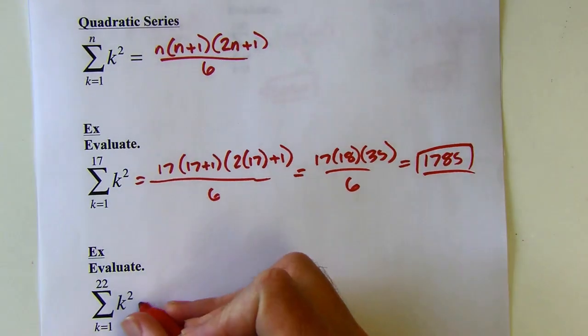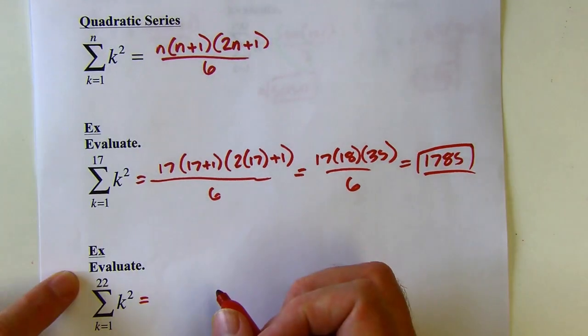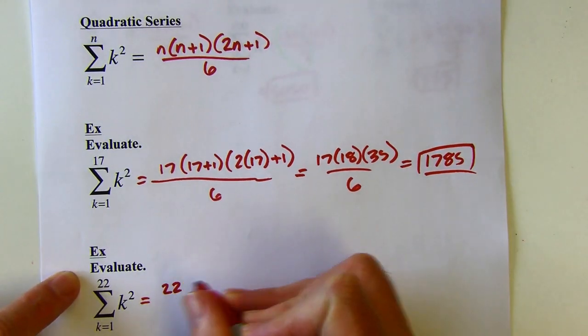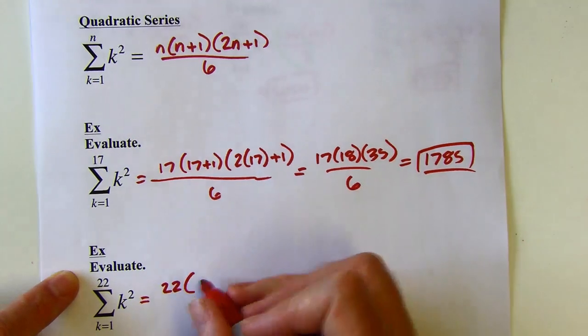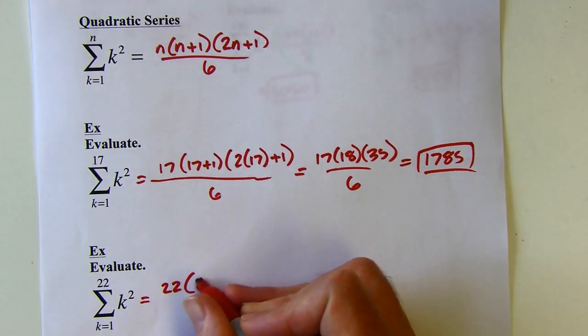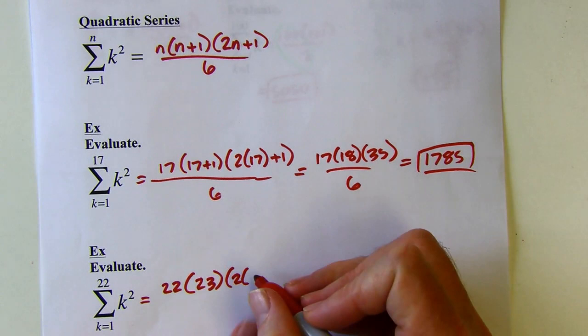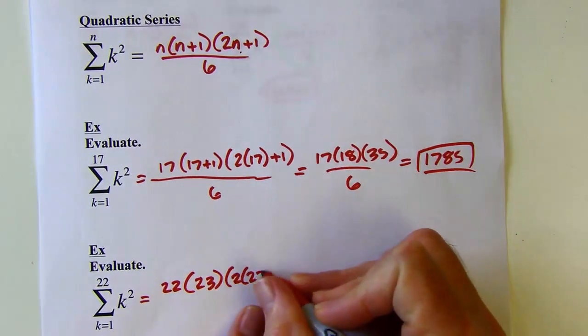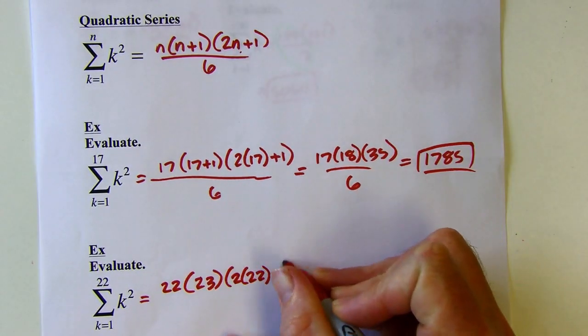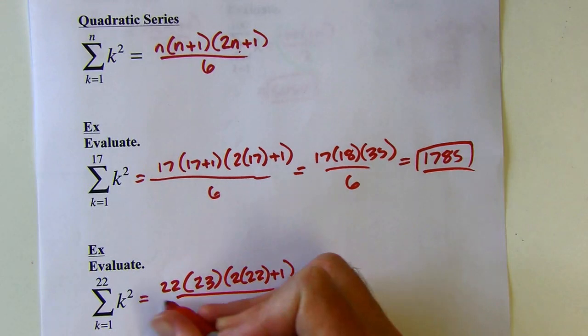Okay, and likewise here, this is the same kind of deal. We're just going to have 22 terms, and then 22 plus 1 would be 23. And then, just to make sure I don't mess up, I've got 2 times n plus 1. This is all over 6.